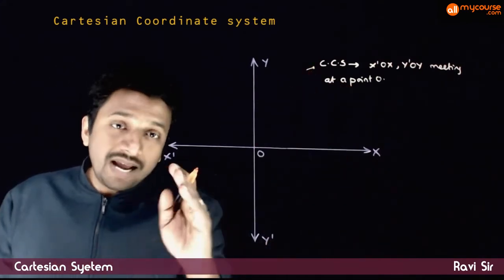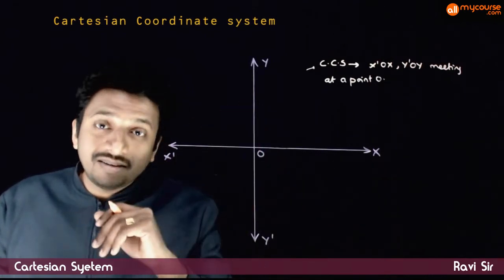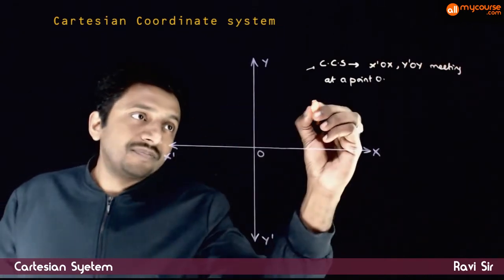And the plane defined by these two lines, which is the plane you're seeing, is called the xy plane.